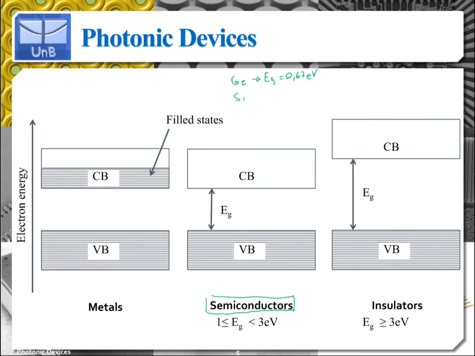For silicon, the band gap is around 1.1 electron volts. And for gallium arsenide, which is a III-V compound semiconductor used a lot in optoelectronic devices, the energy gap is around 1.43 eV.